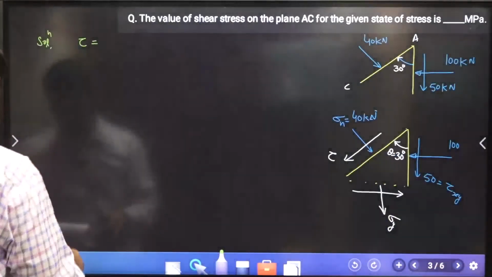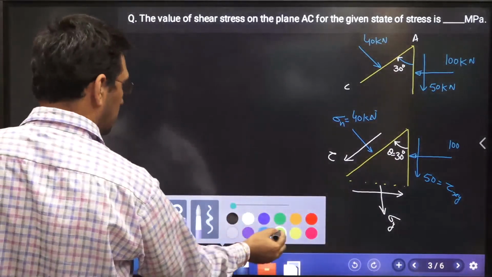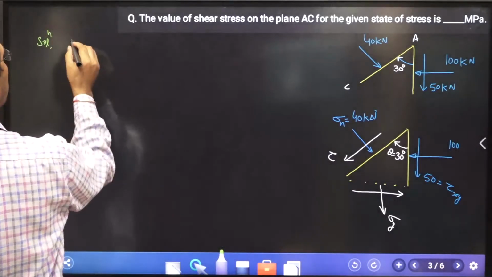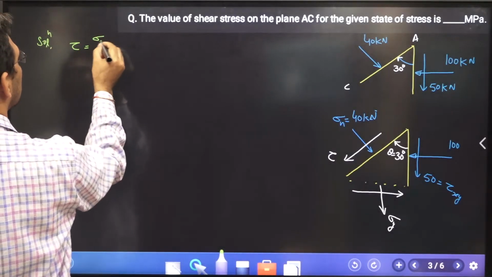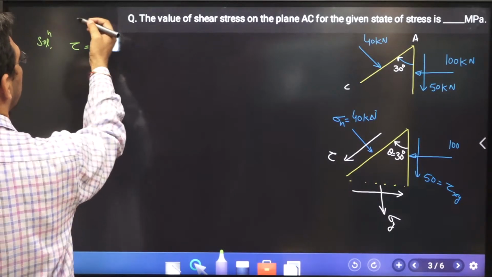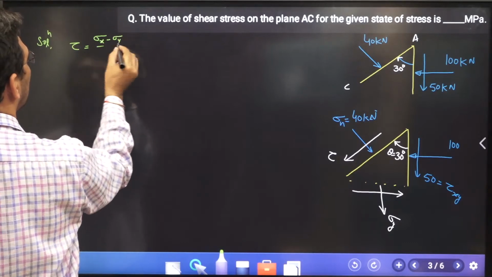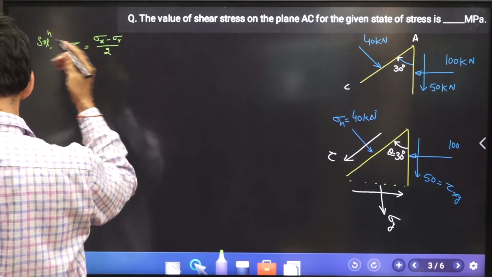Okay, so what is that? This is the second one. Sigma x plus tau is equal to sigma x plus sigma y by 2. I think it will be minus, right? Sigma x minus sigma y by 2, and it is cos 2 theta or what?